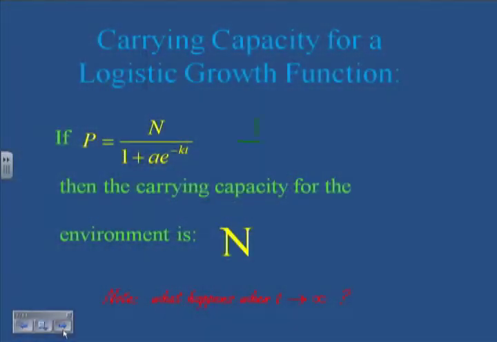It's going to be 1 over e to this large exponent. Well, that's going to get very close to 0, and so adding it to 1, essentially that denominator is heading towards 1. Okay? So N, this number in your numerator, is going to be your carrying capacity, which is essentially the maximum population that environment should be holding, according to this model.